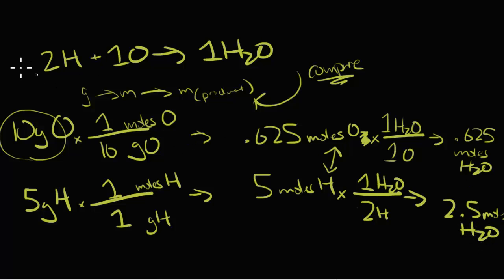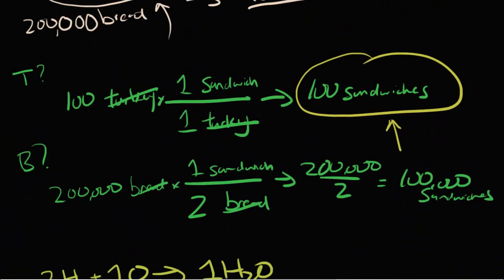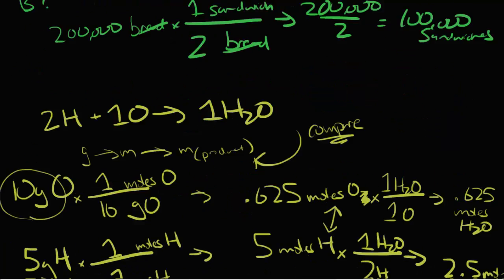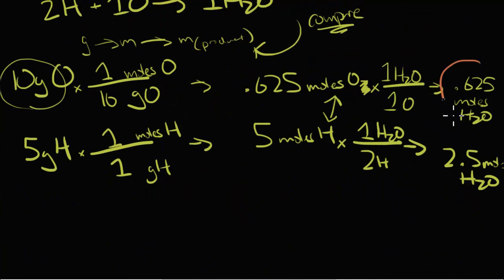Now I ask you, which one is the limiting reactant? Same thing as we did here. We look for the one that was smaller, right? In this case, this is smaller. So even though we had much more oxygen than hydrogen, you might have quickly said, hey, we have very little hydrogen, hydrogen must be the limiting reactant.